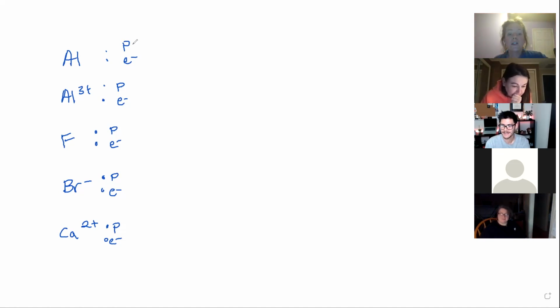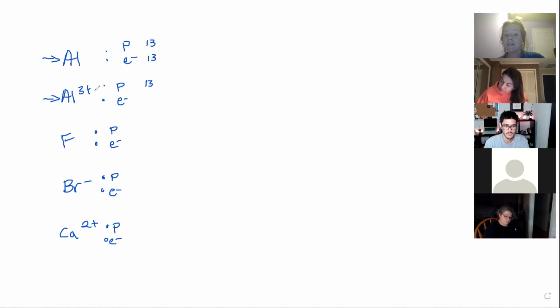So there is no debating. Aluminum is number 13, so it better have 13 protons. So actually for both of these, I can write 13. I wanted to start you off with this one so you could see, am I dealing with the neutral atom or am I dealing with a charged particle? If it's the neutral atom, there's no charge here, it's real easy. These two things equal each other, right? In order to get charge neutral, your positive equals your negative.